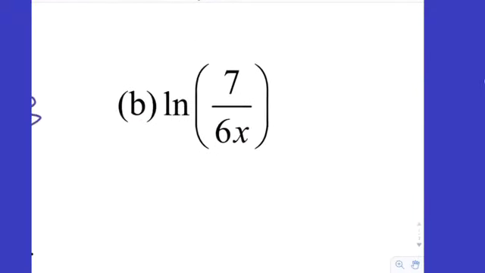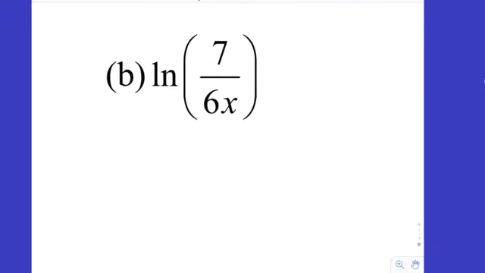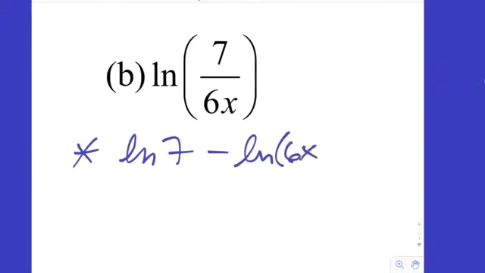All right, so now this one. This one has 2 factors in the denominator. So if you want to do this one in multiple steps, here's what it would look like. Natural log of 7, that's positive because 7 is in the numerator, and then minus the natural log of the quantity 6x, like that. Now that is not completely expanded.